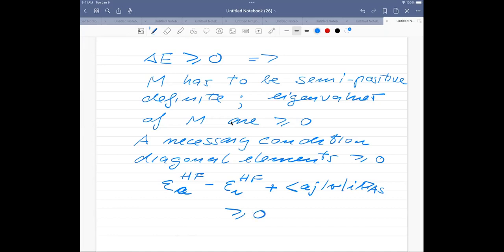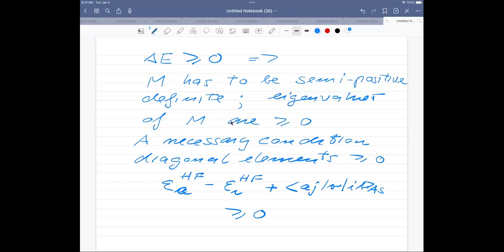So that means that you can actually look at specific matrix elements, and from these matrix elements say something about whether Hartree-Fock theory is going to be stable or not. So that is a condition which you can look up immediately, and that will tell you whether the state you have found is the minimum from the Hartree-Fock calculation. So this is a minimal way of finding the stability condition on the Hartree-Fock equations.